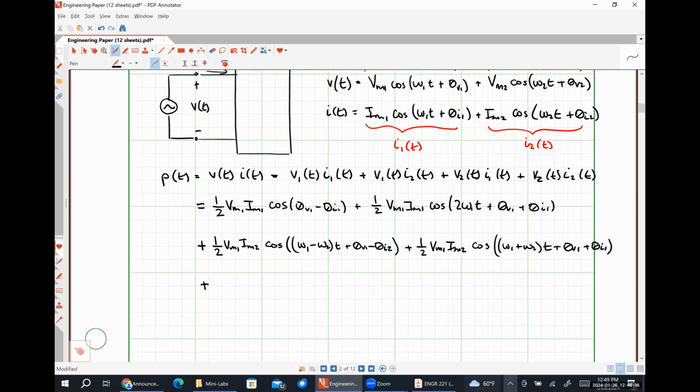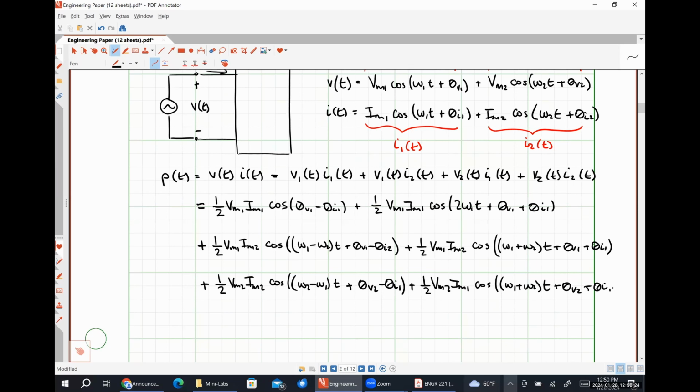Now I'm going to multiply V2 times I1, and I'm going to get a similarly terrible looking thing. 1/2 Vm2 Im1 cosine omega 2 minus omega 1 t plus theta V2 minus theta I1 plus 1/2 Vm2 Im1 cosine omega 1 plus omega 2 t plus theta V2 plus theta I1.